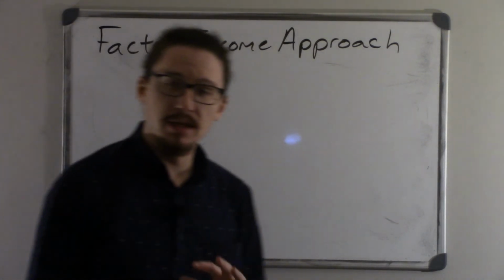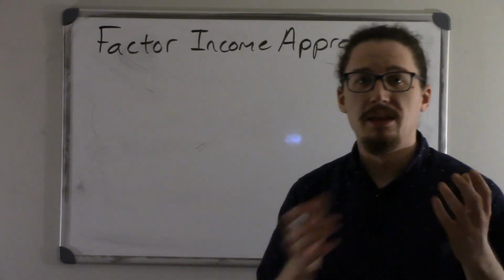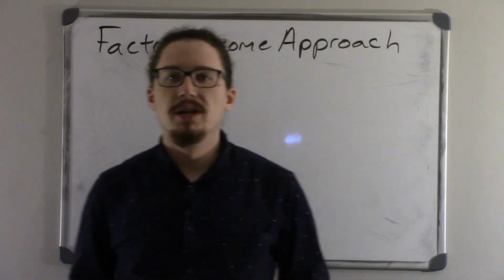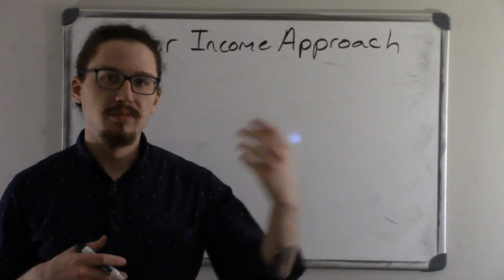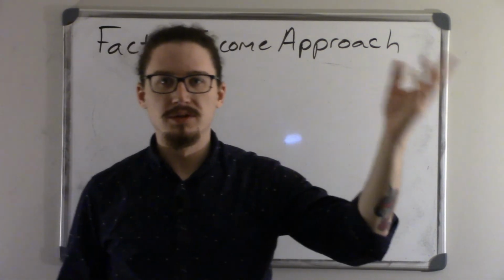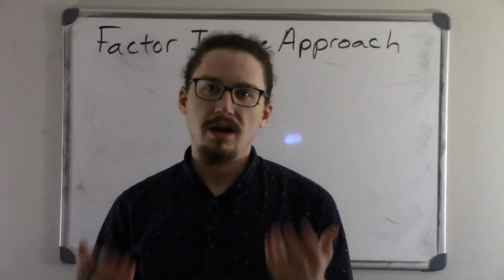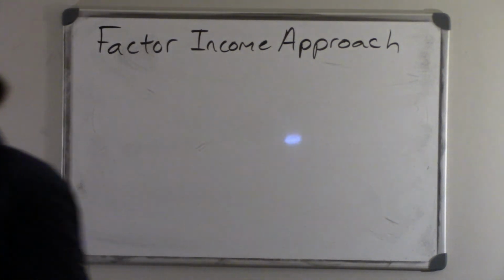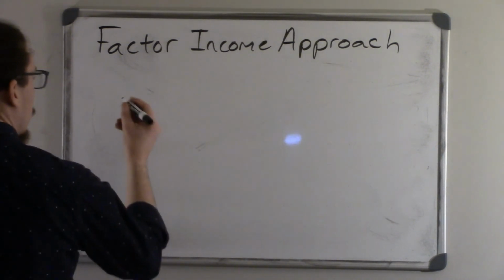The big difference between this and the national spending approach is that the national spending approach focuses on spending, and the factor income approach focuses on receiving. So with the national spending approach, spending money is how we find out the productivity level of the economy. With the factor income approach, it's about receiving money to find out how productive the economy is.